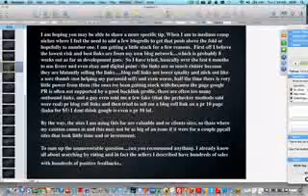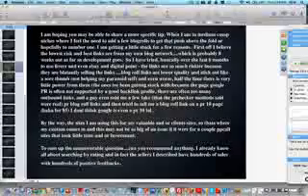Whoa, big question here. Okay. I was hoping you may be able to share a more specific tip. When I am in a medium competition niche where I feel the need to add a few blog rolls, okay, to get that pushed above the fold, okay, good, or hopefully to #1, okay, got it.